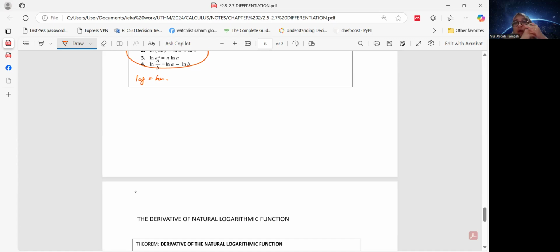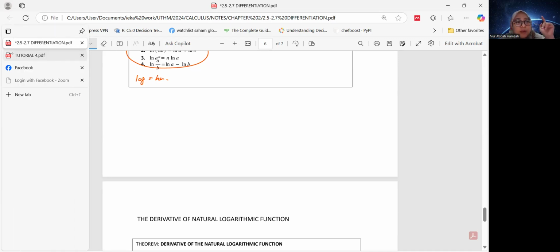Tak semestinya bila logaritmik hanya hukum logaritmik je yang kita guna, tidak. Maksudnya segala hukum ataupun segala formula untuk differentiation yang telah dipelajari mungkin akan diguna pakai untuk menyelesaikan masalah-masalah yang berkaitan. Okay, so ini adalah part lecture.